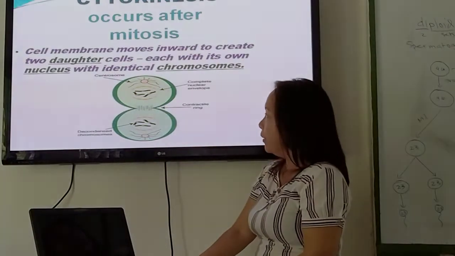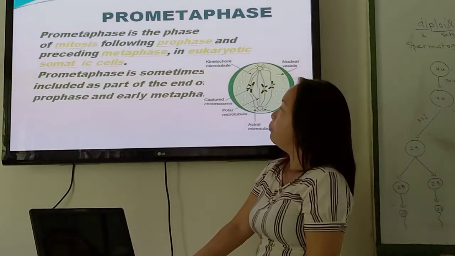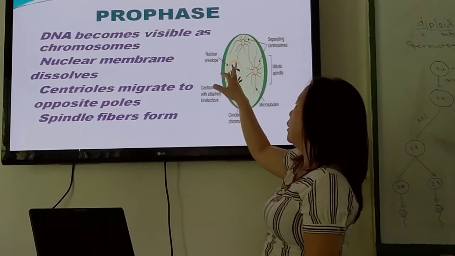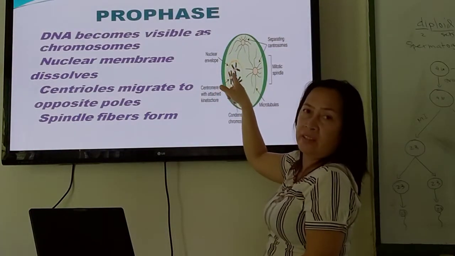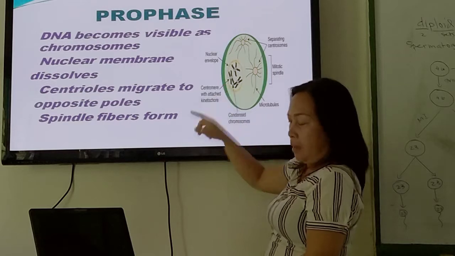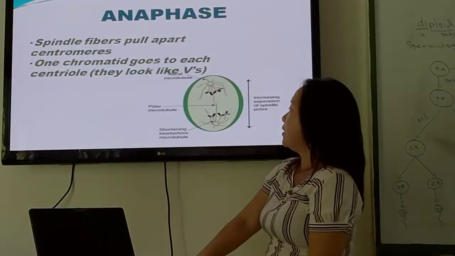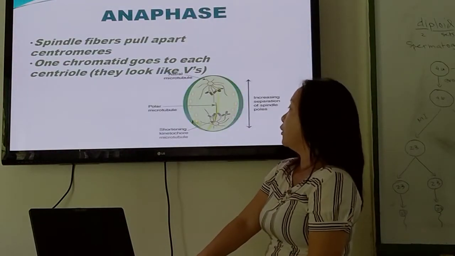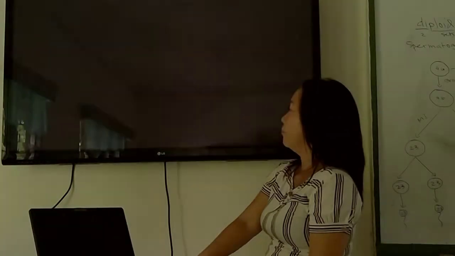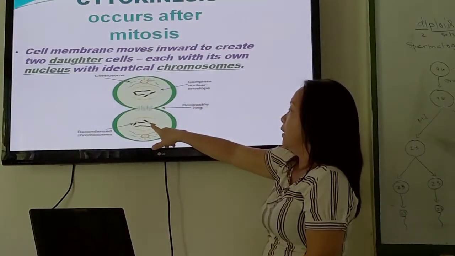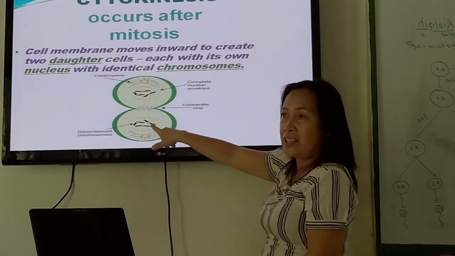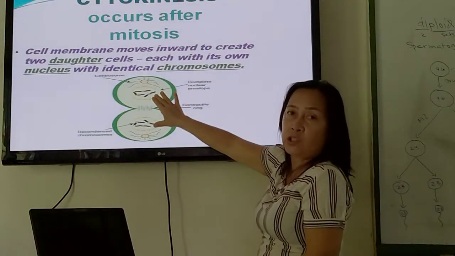Now, before, during prophase, it was 46 but double-stranded. But after telophase is completed, it is still 46 but single-stranded.